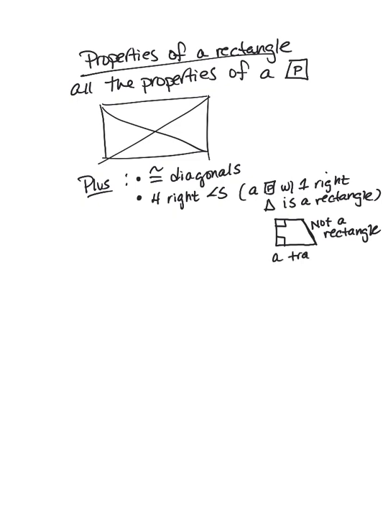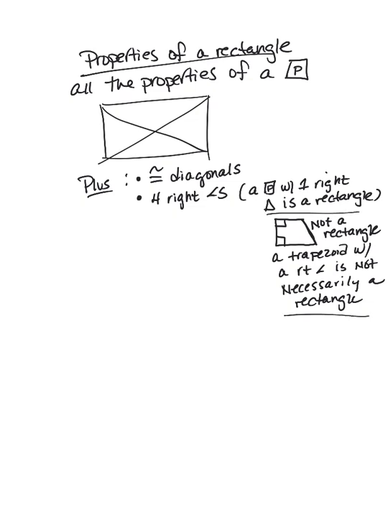So a trapezoid with a right angle is not necessarily a rectangle. Why do I say not necessarily? Well, because what if it were an isosceles trapezoid? If it were an isosceles trapezoid with right angles, then that would become a rectangle. That's getting a little too specific, but I'll write it down anyway.